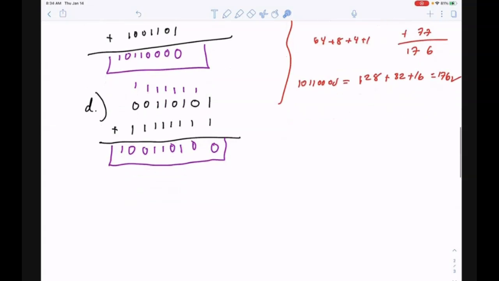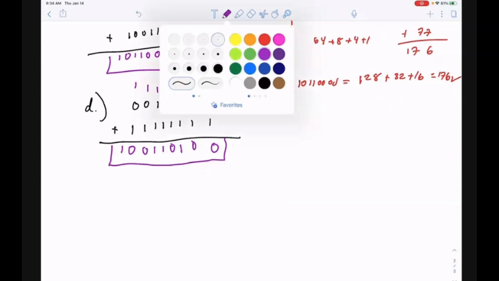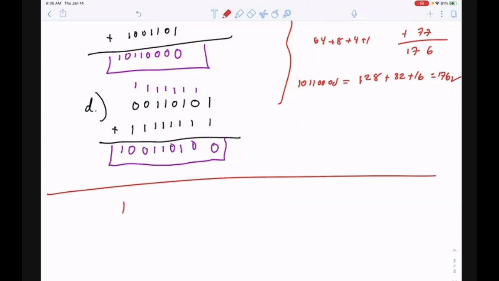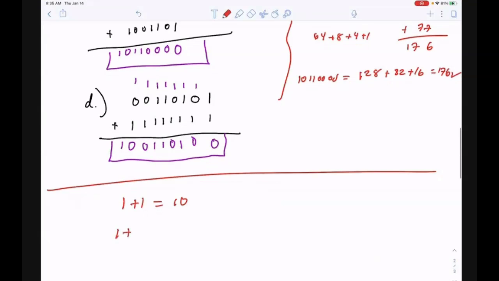Okay. So once again, just to reiterate, 1 plus 1 is 10, and 1 plus 1 plus 1 is 11.